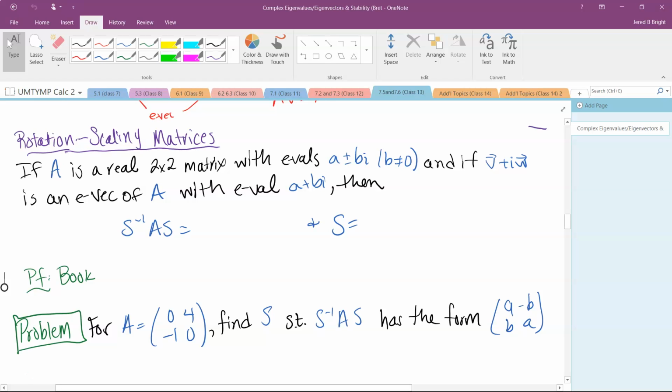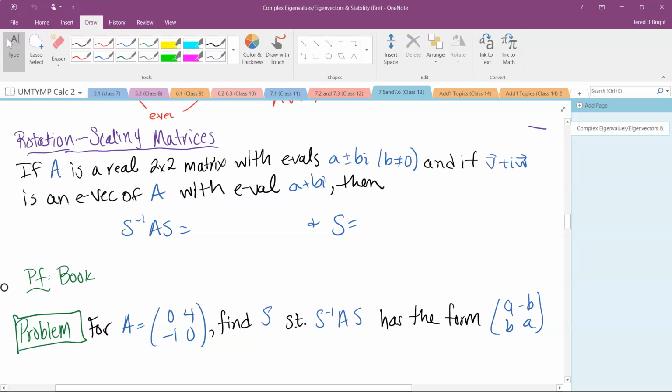If we have a 2 by 2 matrix with complex eigenvalues and eigenvectors, you remember that we can look at similar matrices and do all that stuff.